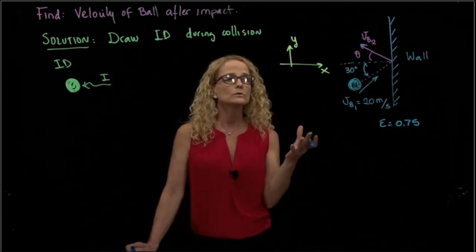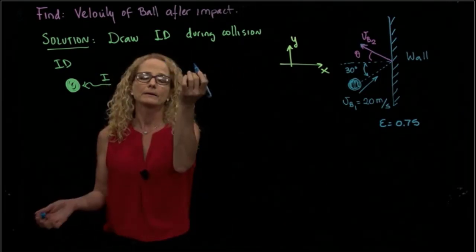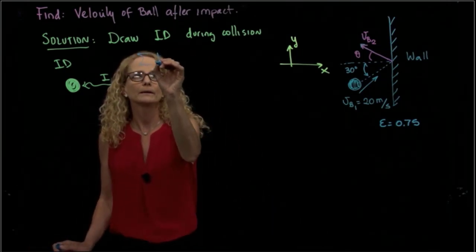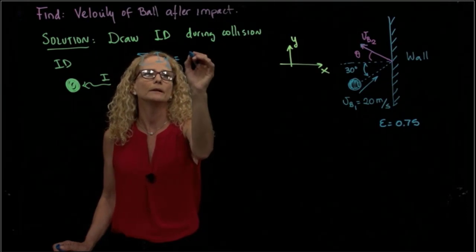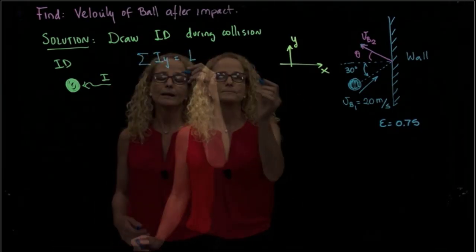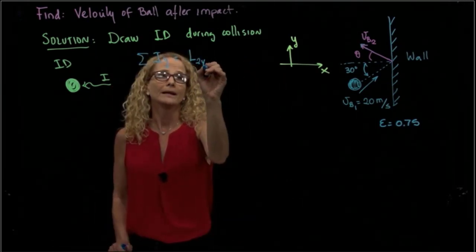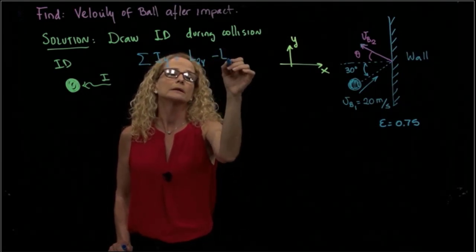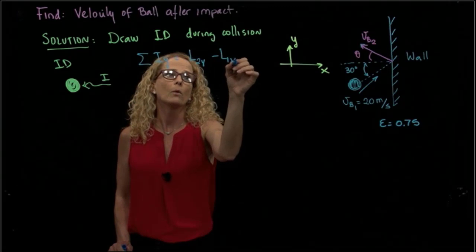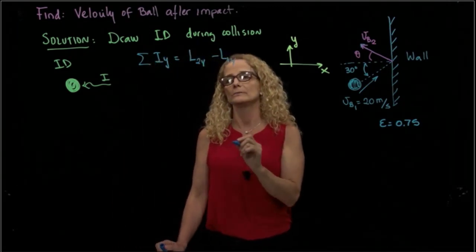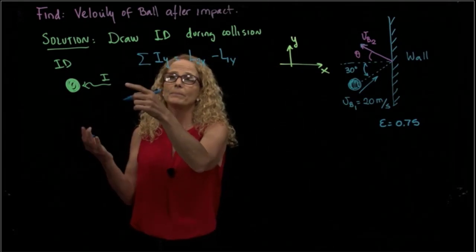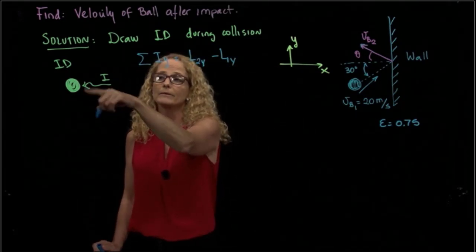So if we use our impact equation, the addition of all impacts in the y direction will be equal to the linear momentum in the y direction for the final position minus the linear momentum in the y direction in the initial position. And we notice here that we do not have any impacts in the y direction, right?